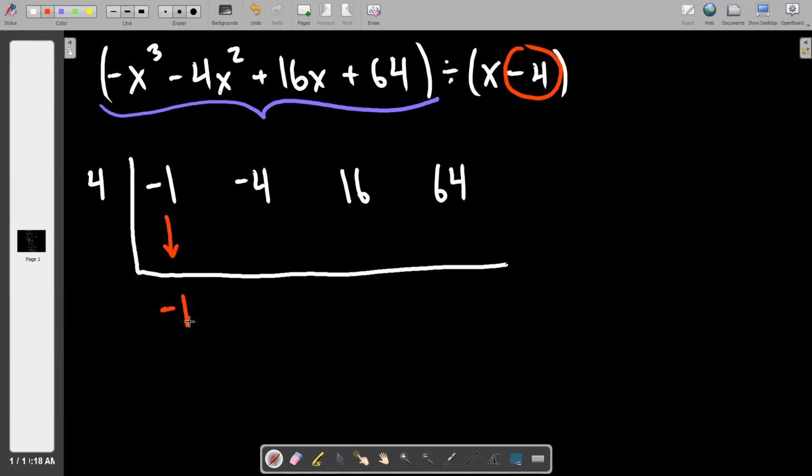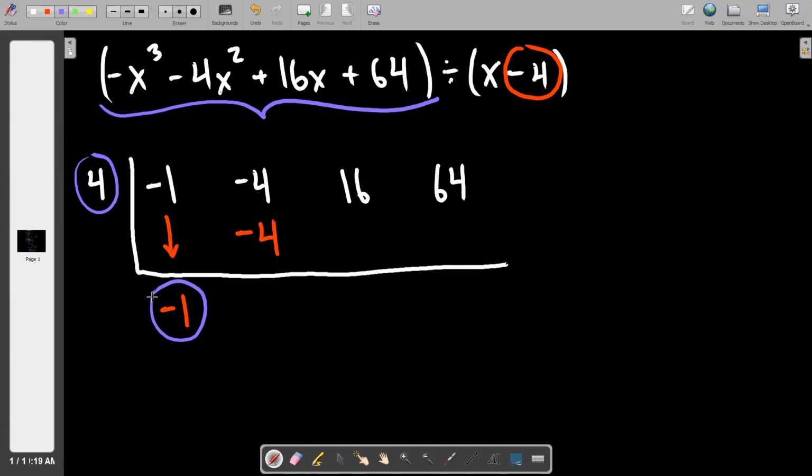So what I'm going to do next is take the number on the outside, 4. You see where I'm moving my pen? I'm going to multiply that 4 by that -1, and I'm going to get -4, and I'm going to place the answer right there. I multiplied this by this.